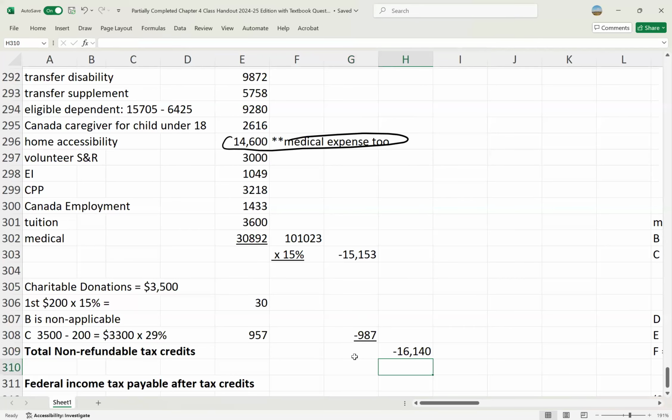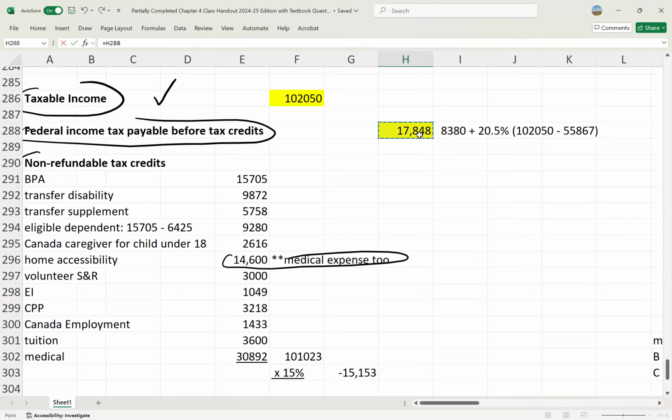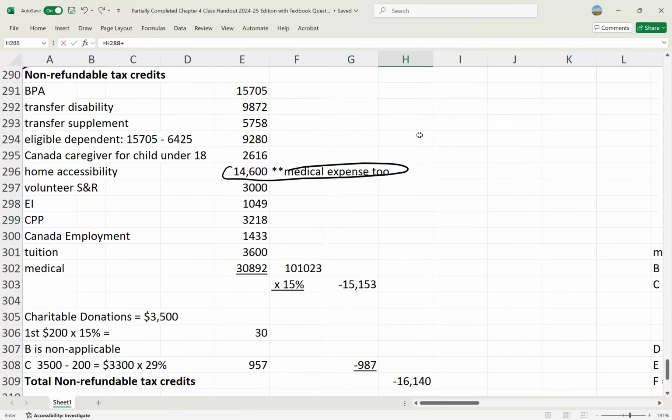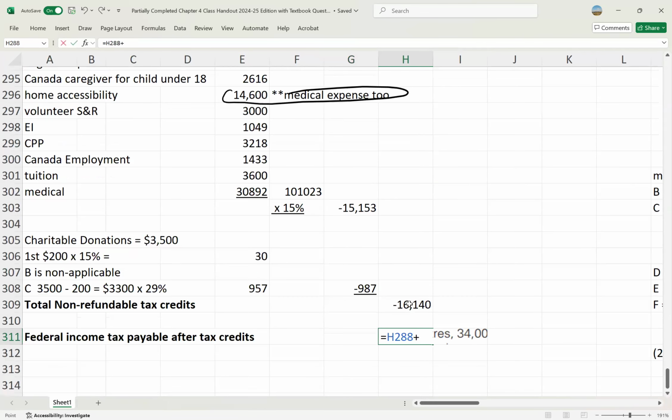And then the federal tax payable after tax credits, we're just going to take the 17,848 minus the 16,140. And so the federal tax payable after tax credits is 1,708.